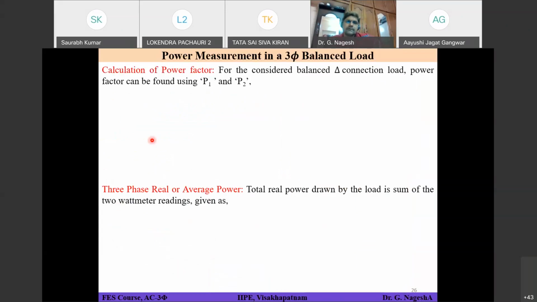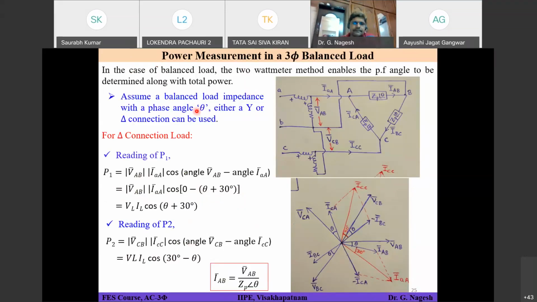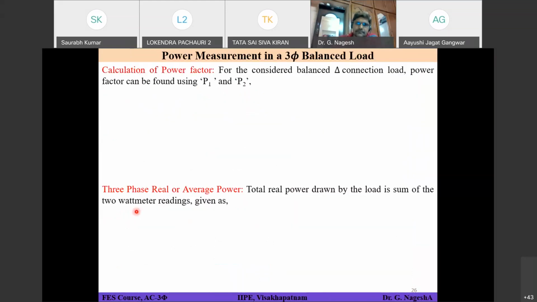In the previous slide, you have seen the P1 and P2 expressions. For the considered balanced delta connected load, the power factor can be found using P1 and P2. So simply try to calculate P1 divided by P2. You understand?